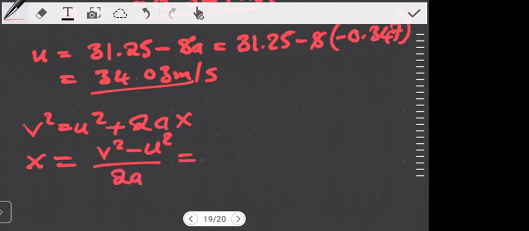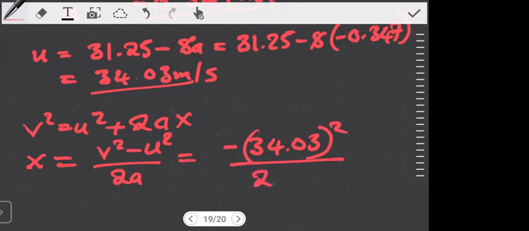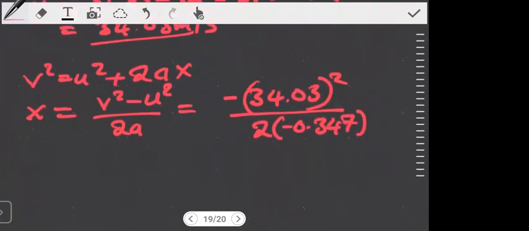The final velocity, since the train comes to rest this time, will be 0. The initial velocity is that starting velocity, the 34.03. We already found this, so we're just going to square it, divide this by 2 times the deceleration, 0.347. If you work this one out, you get the total distance it travels as it stops.